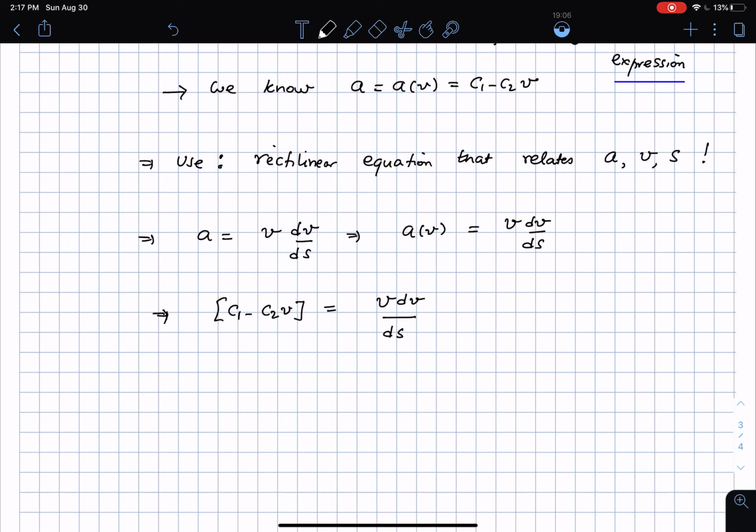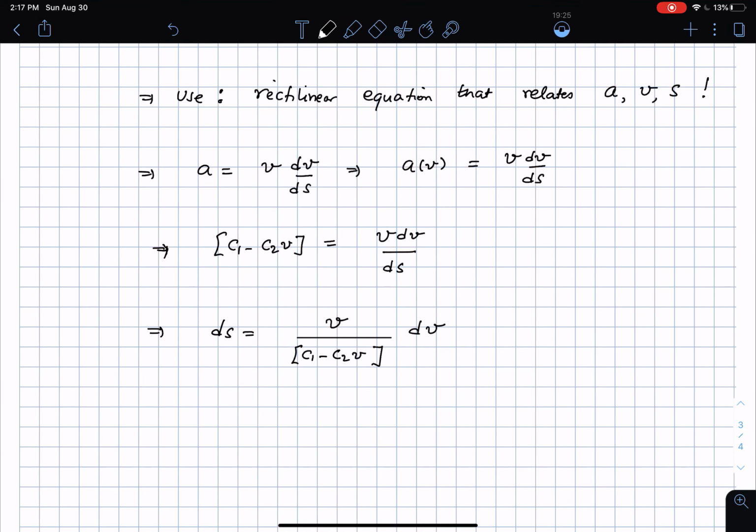The left hand side is a function of velocity, and so you attach it with the terms that contain the velocity on the right hand side. So this tells me that ds is equal to v divided by c1 minus c2 v dv.